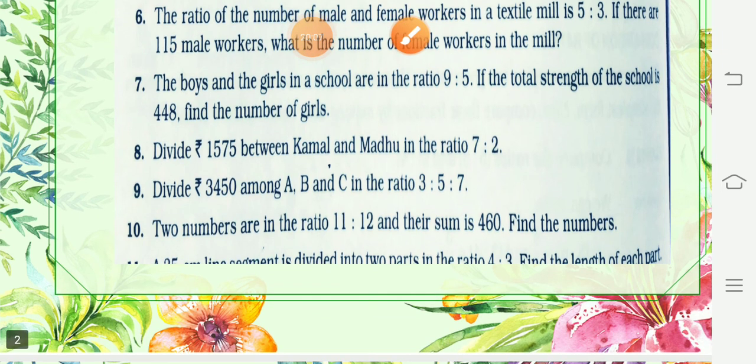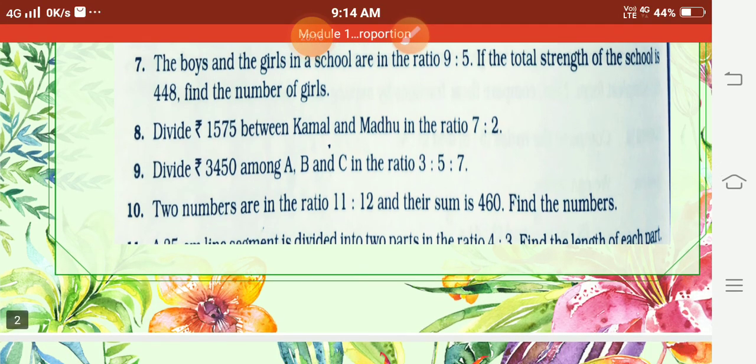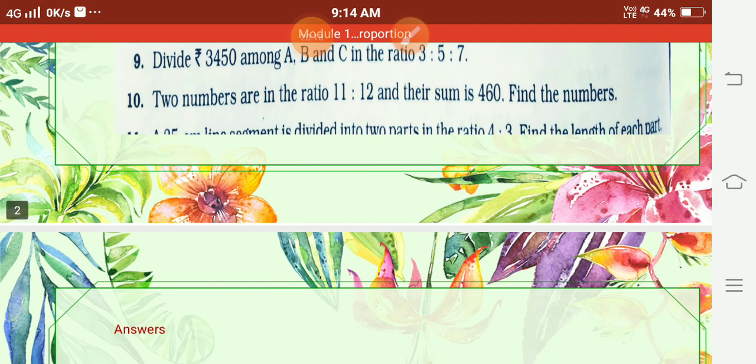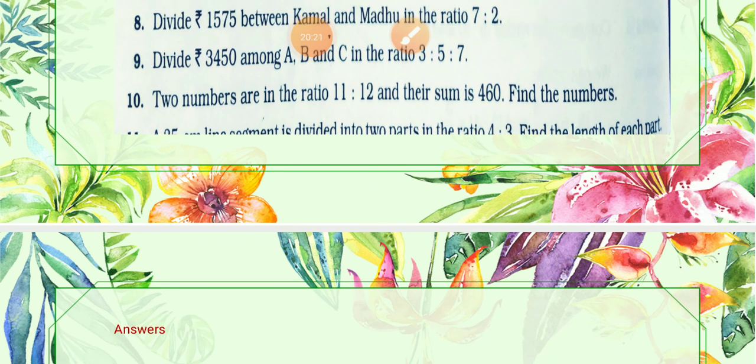Now, next question, question number 9. Divide rupees 3450 among A, B and C in the ratio 3:5:7. These are the 3 ratios.